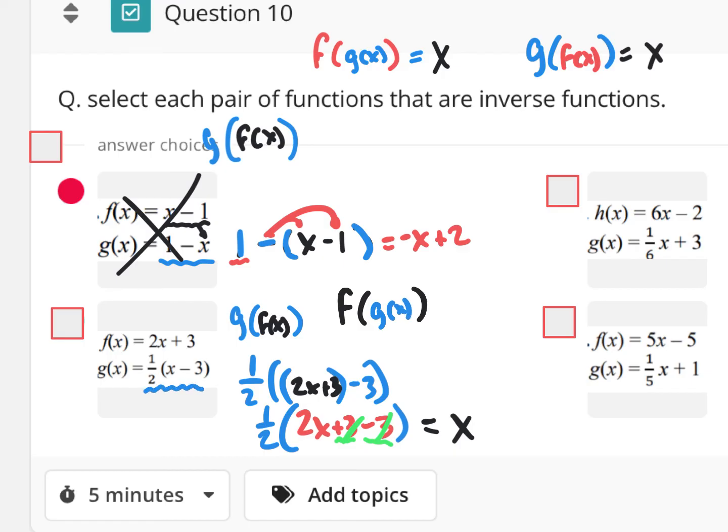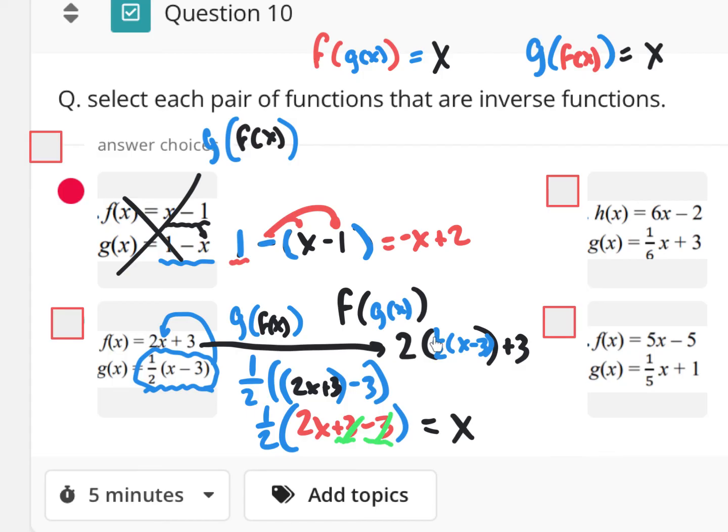So this g of x is going to go right here into the x. So let me show that work over here. That's going to be 2 parenthesis plus 3. So let's plug in this guy in blue into these parentheses, and we will have the 1/2 times x minus 3.